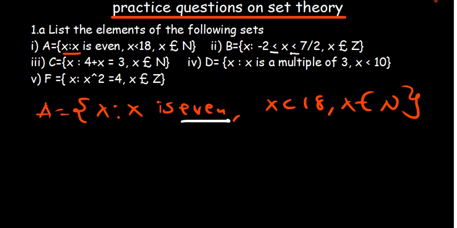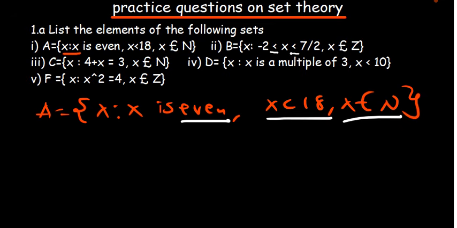Now, not only are we interested in even numbers, we are also interested in even numbers that are less than 18. And again, the even numbers we are interested in should also be natural numbers.